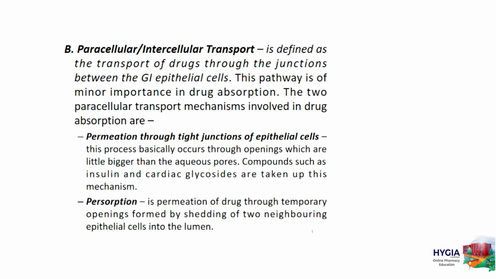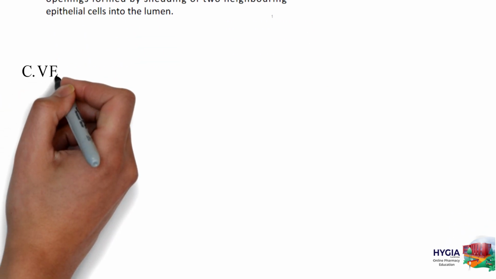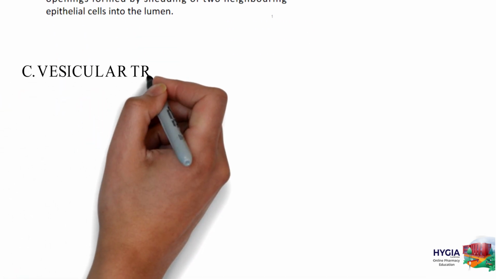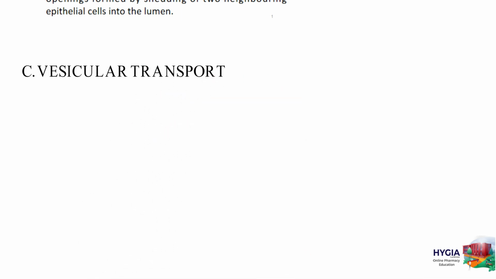And if it is persorption, it means shedding of the membrane. Sometimes the membrane will shed its cells, due to which the drug will be transported through the shedding, right? The last one is vesicular. One more thing, paracellular is not of much importance in case of oral transportation.